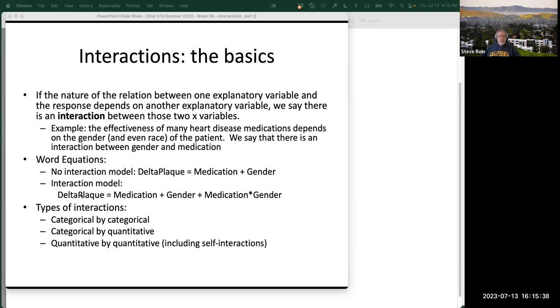If you were going to write the model, the change of plaque depends on the medication you use and the sex of the patient. But because of this interaction with the little star here, an asterisk, if you will, that says the effect of which medication may be different between the two sexes. Yeah, interaction. The effect of one thing may depend on another.